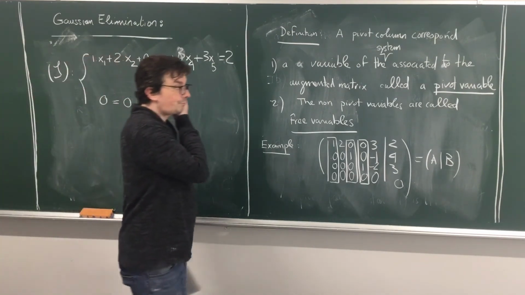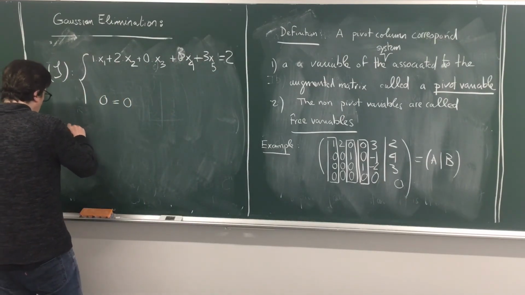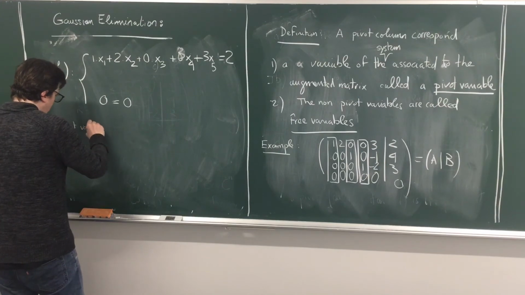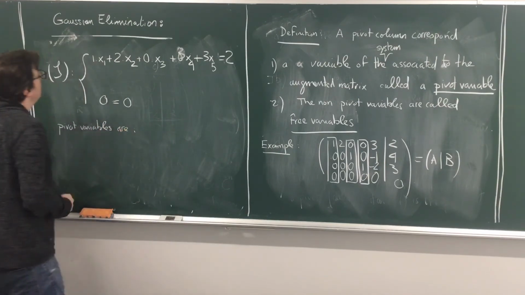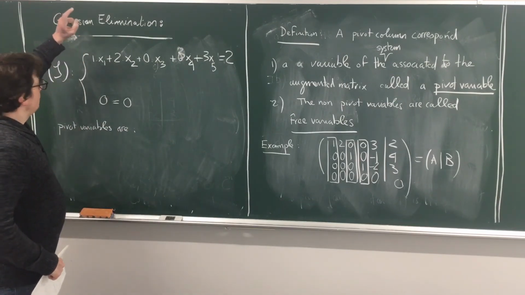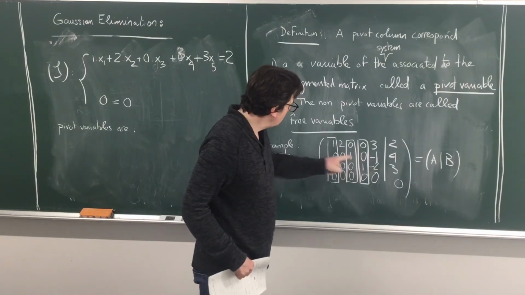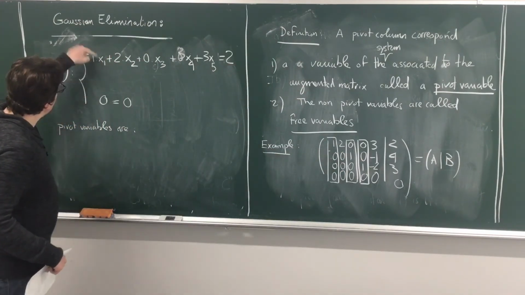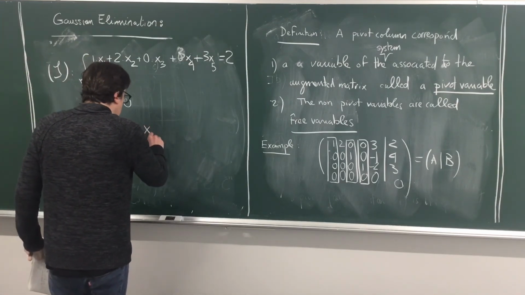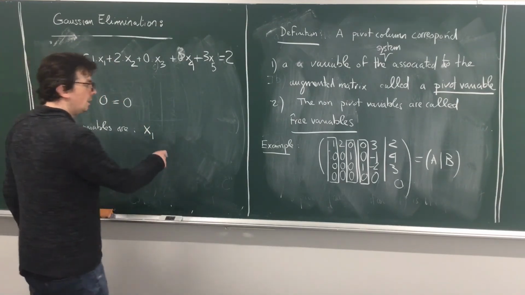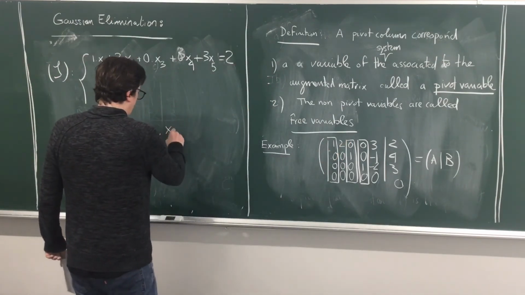Then, what are the pivot variables? Well, simple. They are the variables corresponding to the pivot columns here. So the first column corresponds to the coefficient in x1, so x1 is definitely a pivot variable. x2 is not. x3 is.